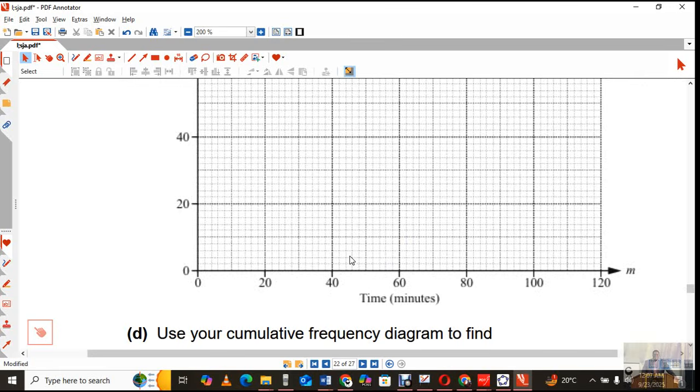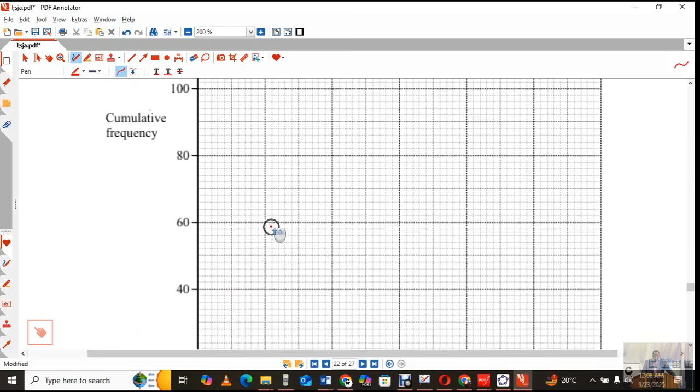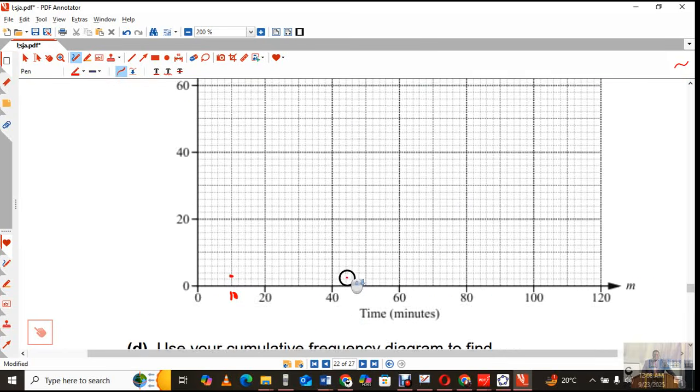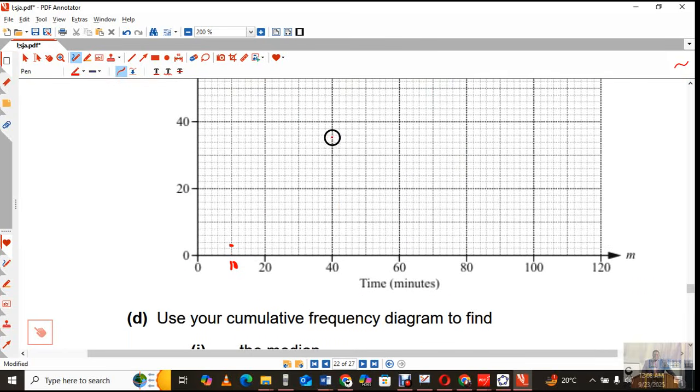I know that the 10 is going to be somewhere over here, right? And that is 0.2, 0.3 will be somewhere there. And if you go to the class interval between 10 to 40, you get 42. So I'm going to go to 40. 42 will be somewhere over here.